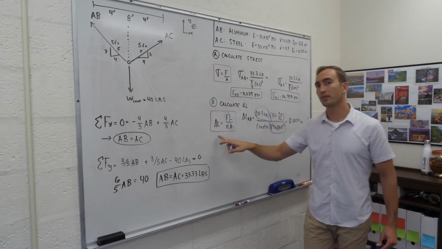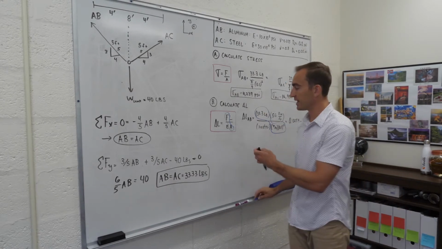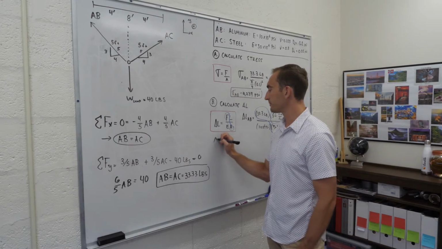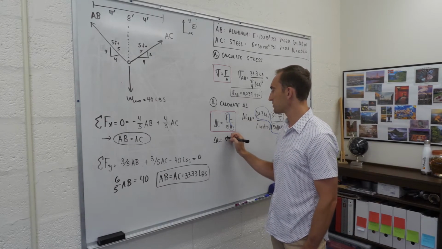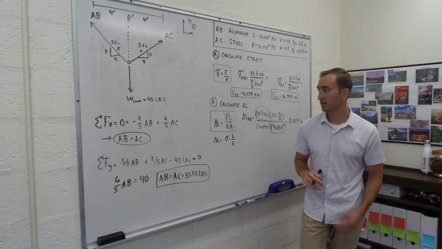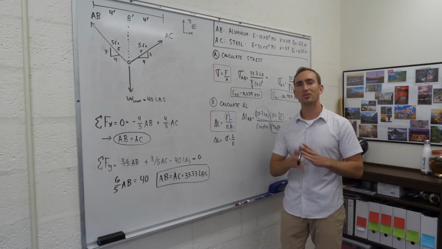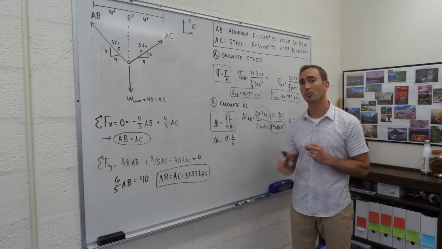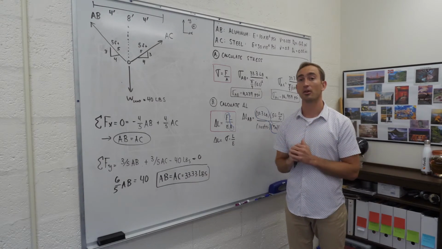So another way to write this equation here is that the change in length is actually equal to stress times L over E. That's another quick way that you can do these problems. So I'll set it up with this equation for cable AC and we'll solve for the change in length.